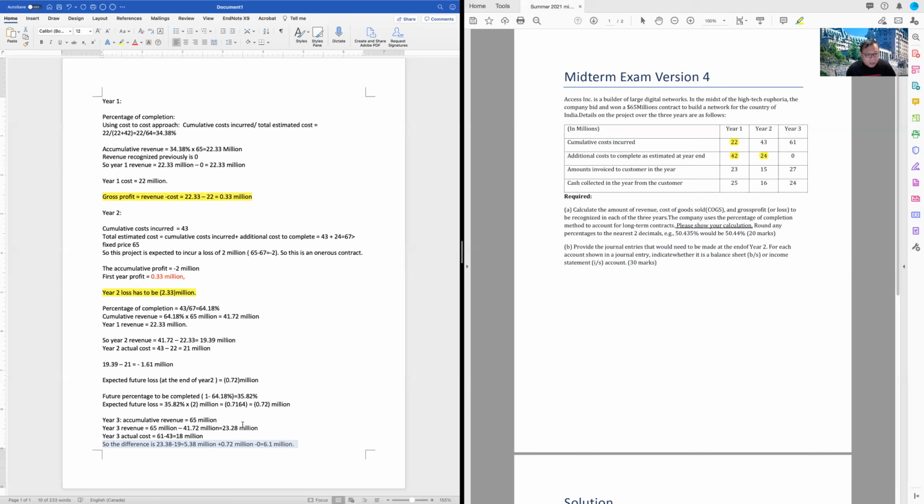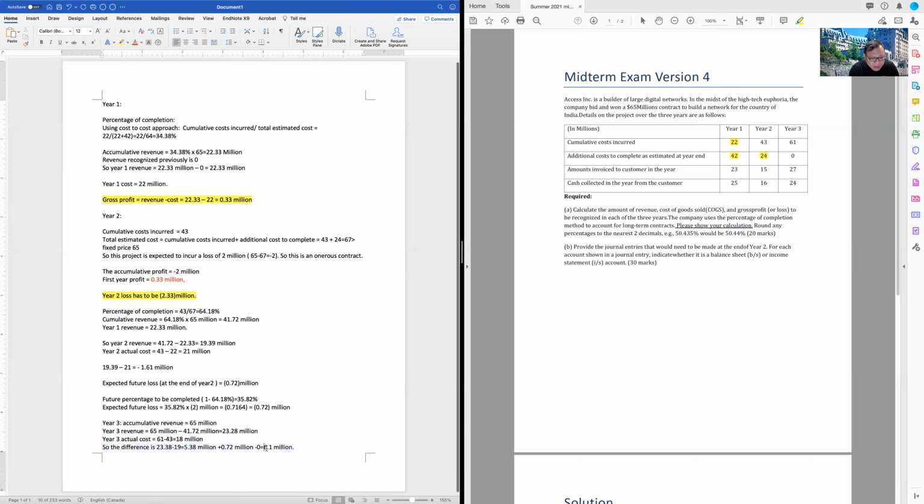Okay, but how come this one is 6.1? Okay, so 65 minus 41.72, so that's 23.28. Oh, it should not be 6.1. It should be 6.